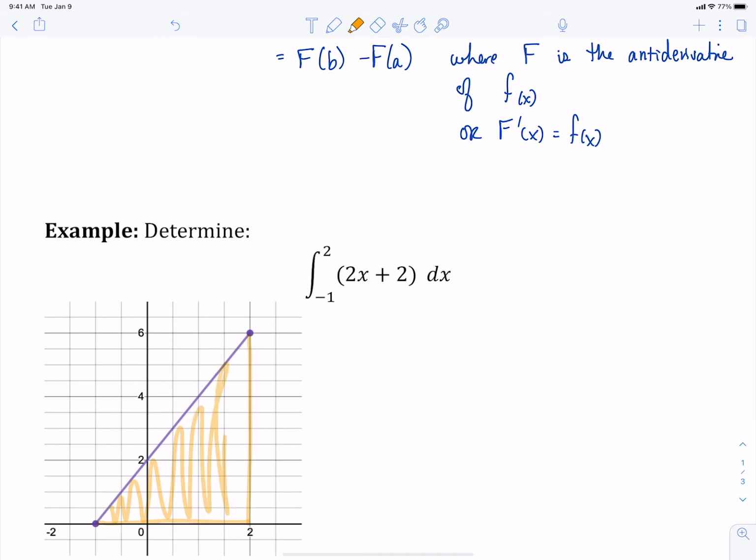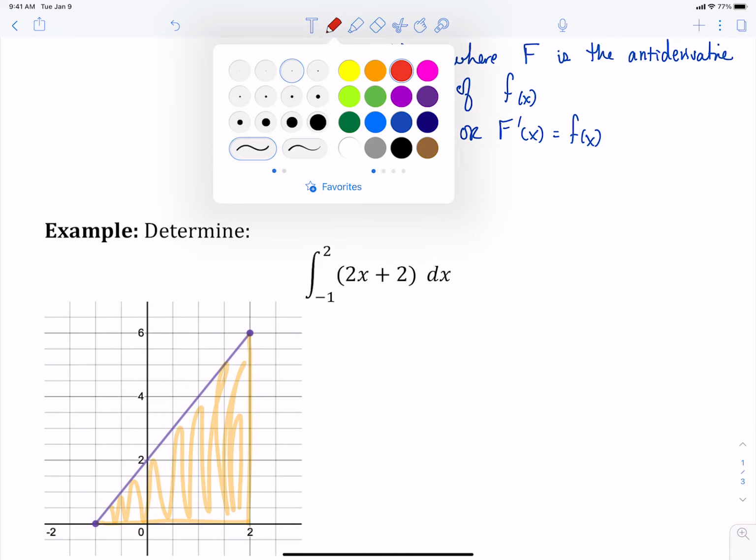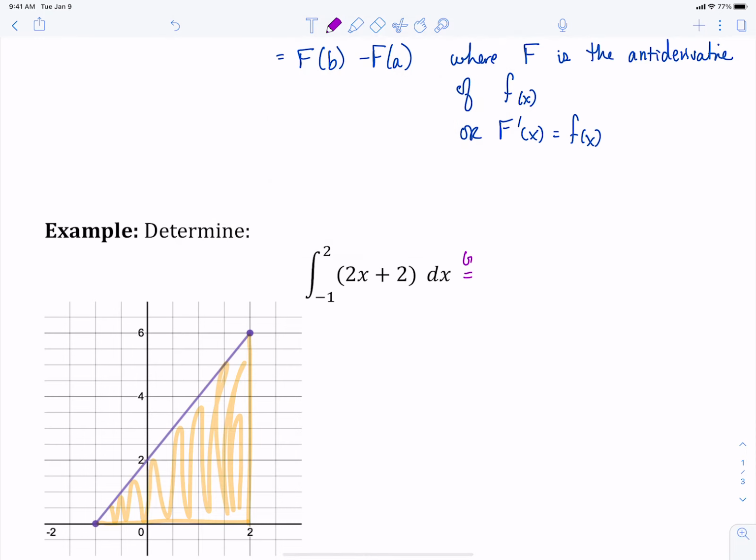We've done many examples like this before. So if we use geometry, this is equal to 1/2 times our base, which is 3 units, 1, 2, 3, and our height, which is 6 units. That's going to be 1/2 times 18, which is 9.